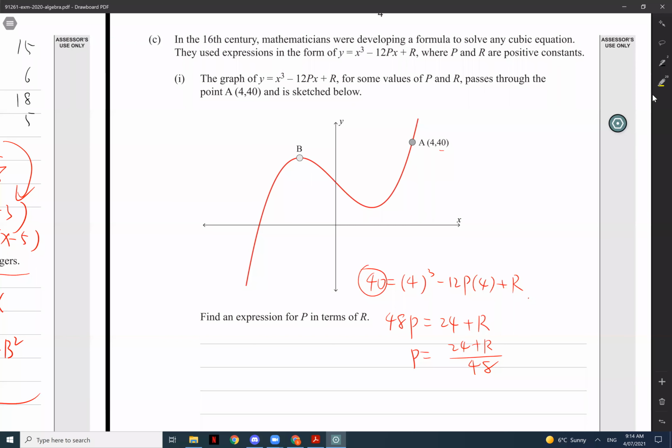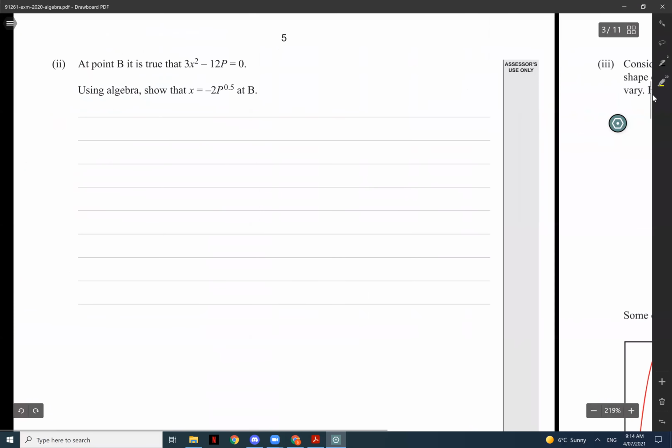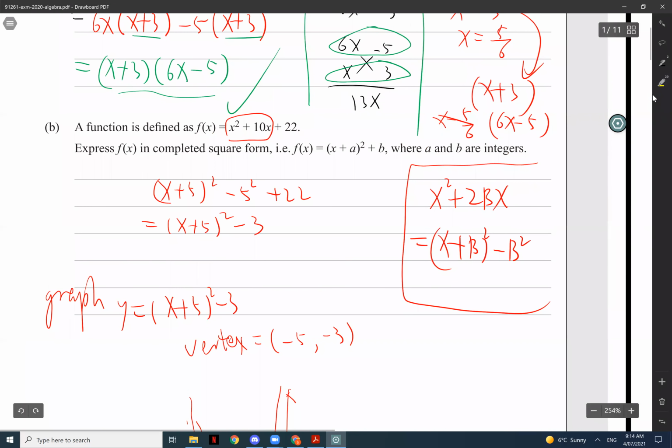We just revised substitution: if a point is on the curve, you just substitute the values into the equation. Okay, next one. They gave you this equation and ask you to solve for x.